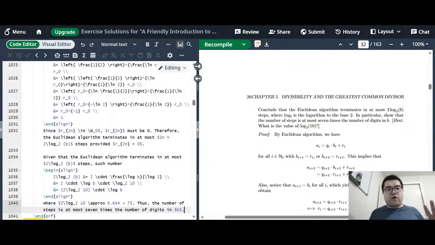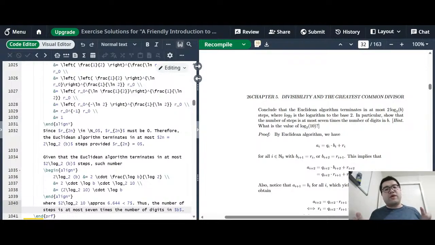Okay, therefore we can see that this is kind of like a linear relation, or a direct relation. So this coefficient is strictly less than 7.